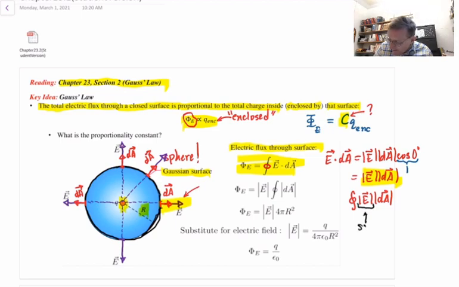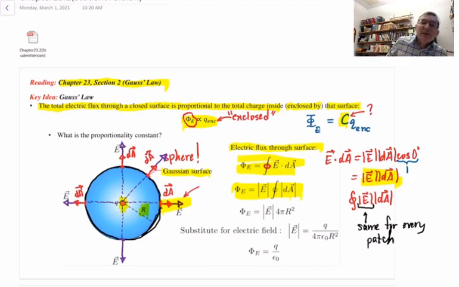Same for every patch on the Gaussian surface. What do you get to do with some part of an integrand that's the same constant during an integral? You get to bring it out front. That's how I get to this line right here. For the electric flux through this Gaussian surface, bring the magnitude of E out front, and then what is that weird-looking integral?